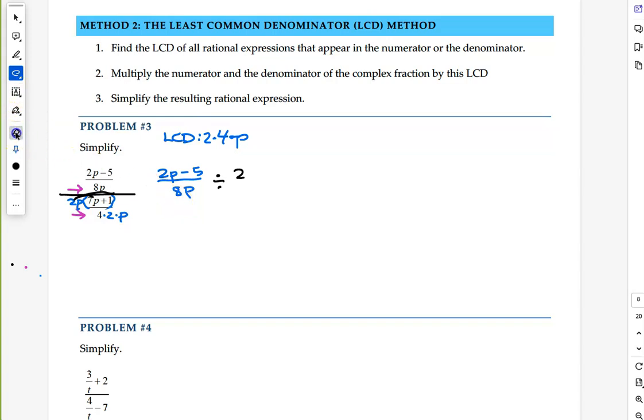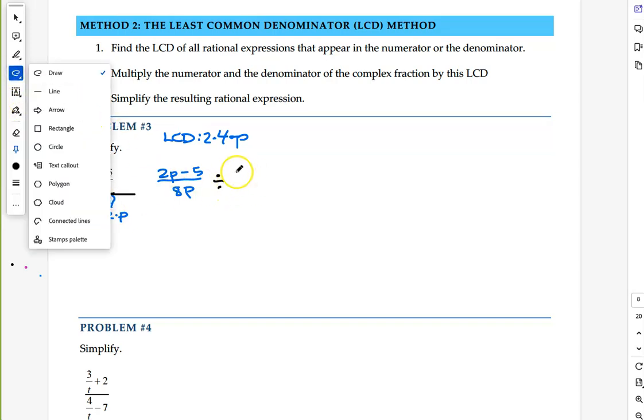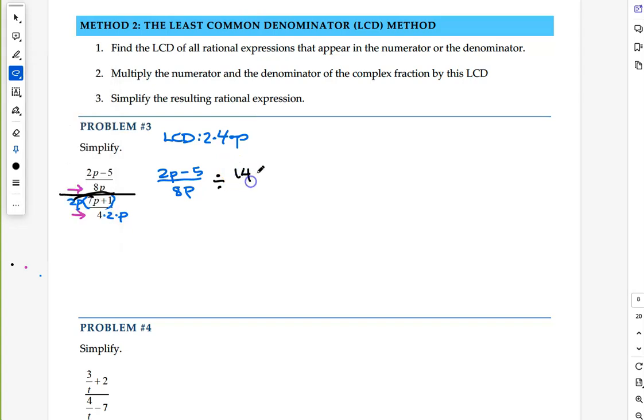So 2 times p and 7 times p is going to give me 14p squared. That's what I meant to write here. And then 2p times 1 is just 2p, so plus 2p. And now it's all over 8p.